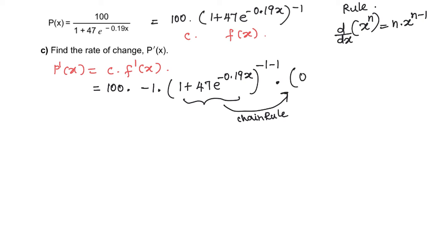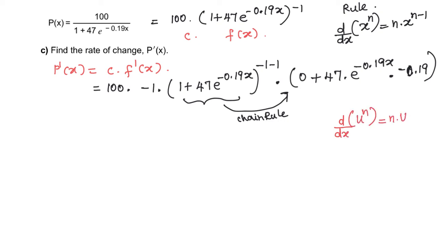The derivative of 1 is 0. Then again 47 times the derivative of e power u is e power u only. Then multiply by the derivative of whatever is in the exponent, which is negative 0.019. Let me explain the rules once again. The derivative of u power n is n times u power n minus 1 times u prime.